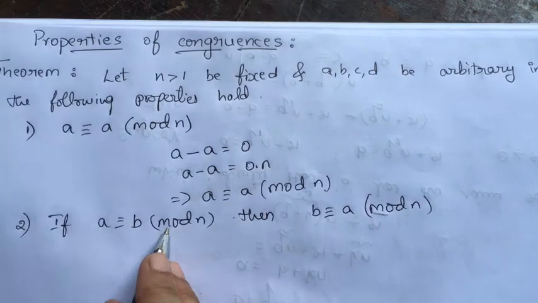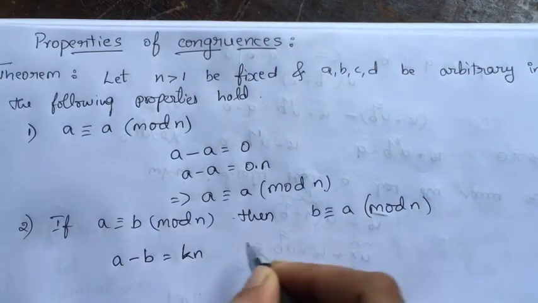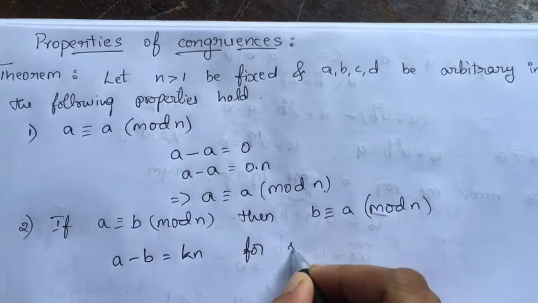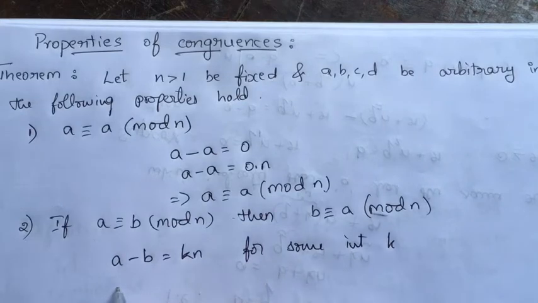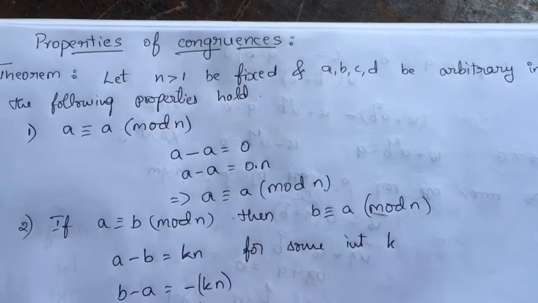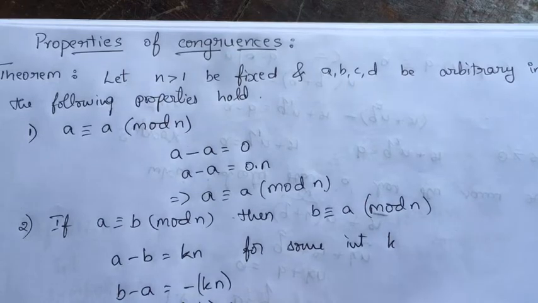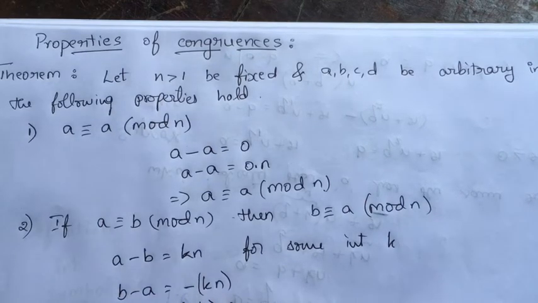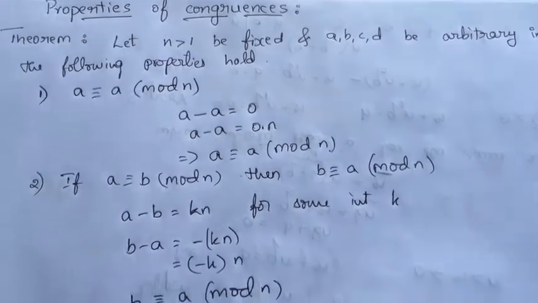If A is congruent to B mod n, then I can write A minus B equals K times n for some integer K. So I can write B minus A as minus Kn, which is the same as minus K times n. Since minus K is also an integer, I can write B is congruent to A mod n. This is the second property.